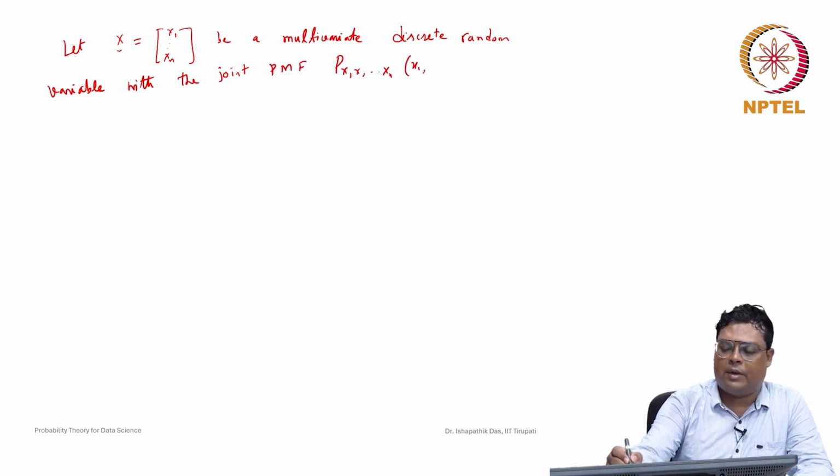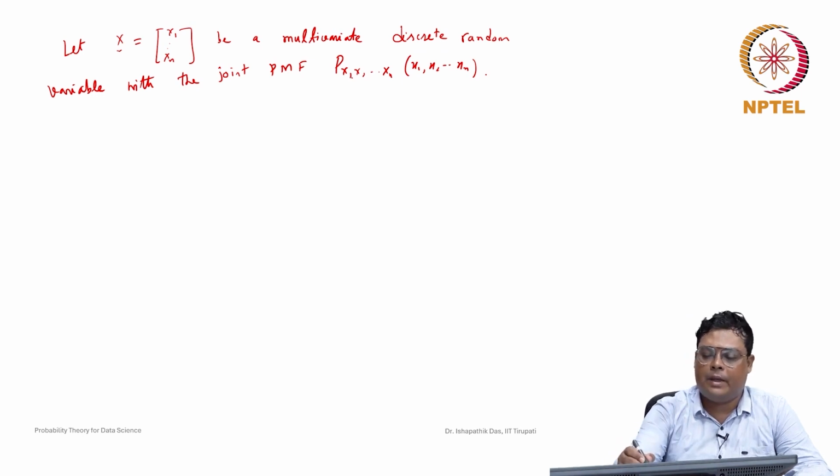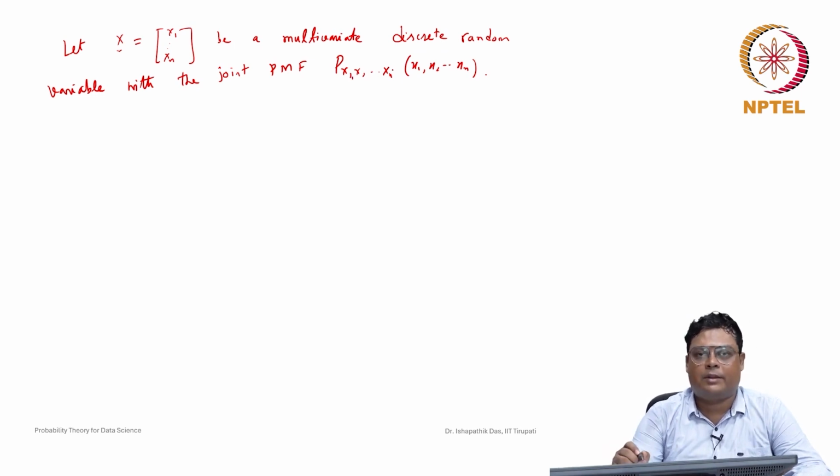We have discussed that if they are independent, it can be found using their marginals, but if not independent, we have to know the joint probability mass function. Let us assume in general that p(x1, x2, xn) is the joint probability mass function.